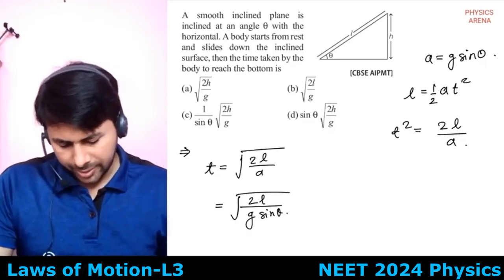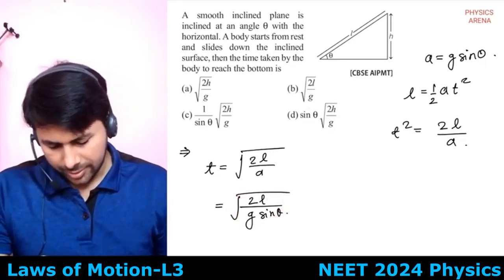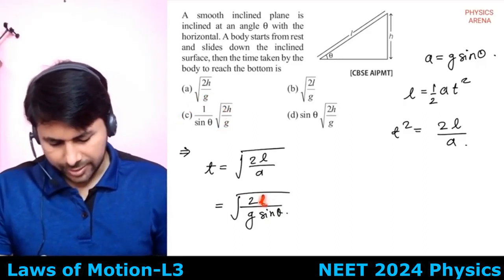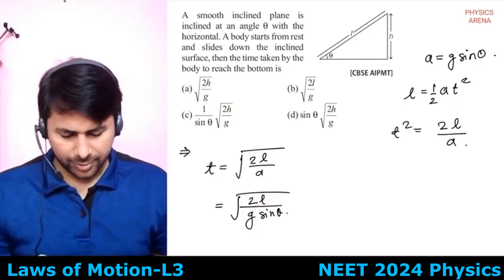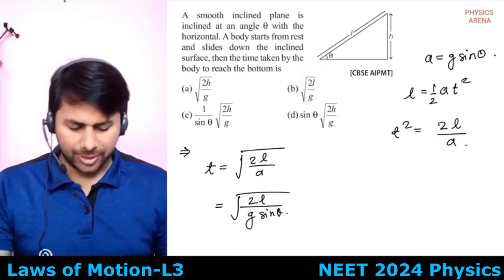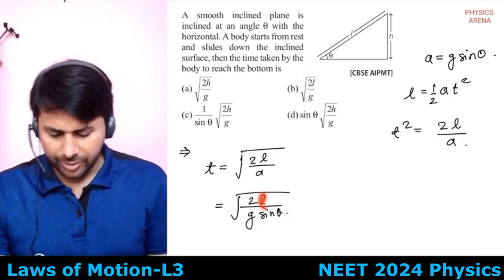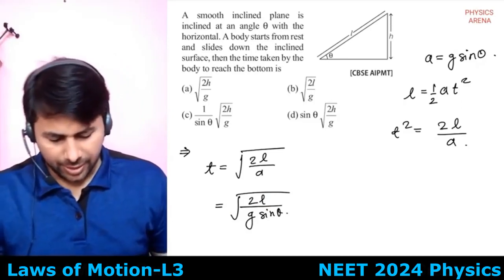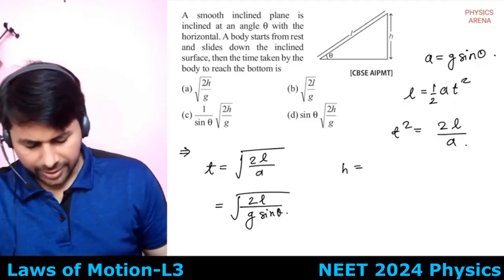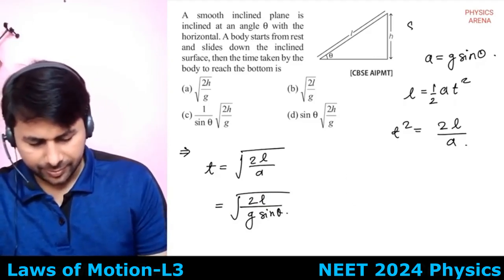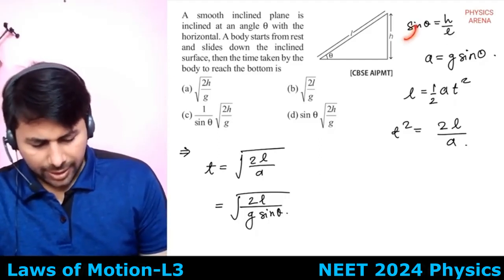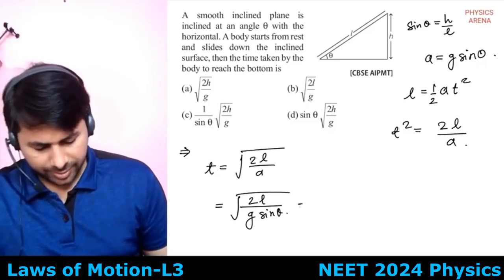So let's check the options. But this is L, and there is H in the options. L is there in only one option, and it's not matching with that. That means we need to convert this L into H. In this diagram, sine of theta will be H upon L, or L will be equal to H upon sine theta.